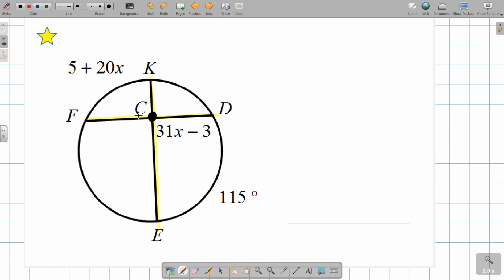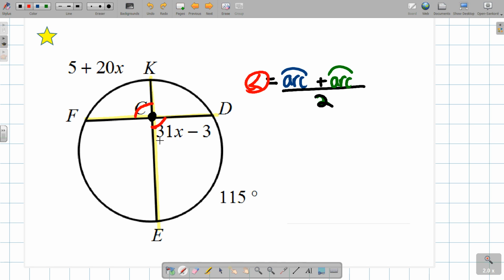So we can find that, let's write the equation out: angle equals arc plus arc over 2. From here, you just circle, plug, chug very carefully.